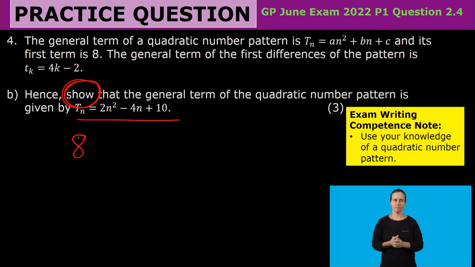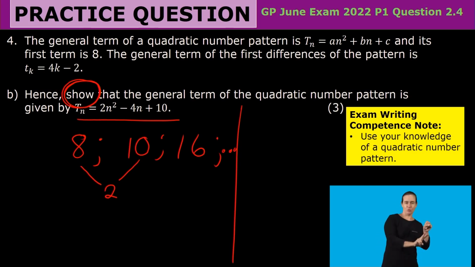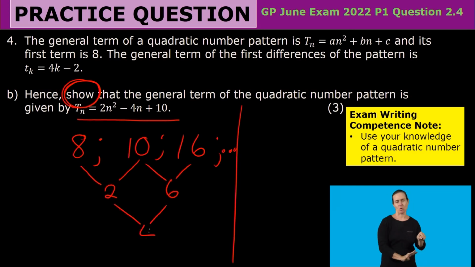We already know that the first three terms of our sequence are 8, 10 and 16. Of course, you can continue with that, but we do know that the difference between the first two terms is 2, and we had 6 here, which means that the difference between the 6 and the 2 is our 4.